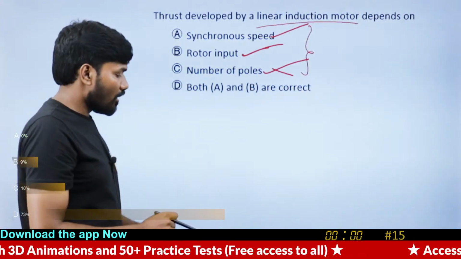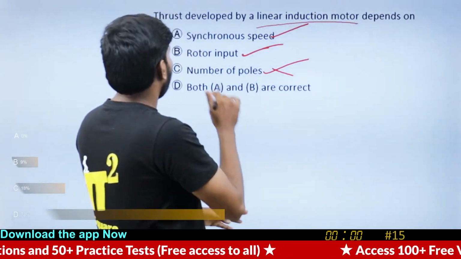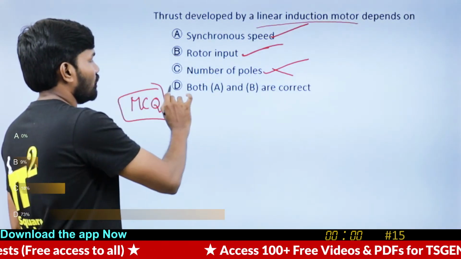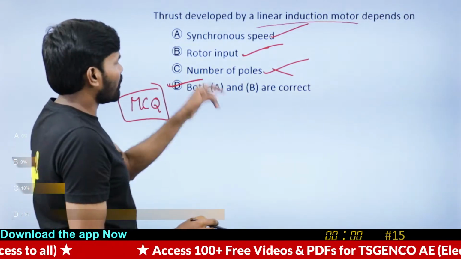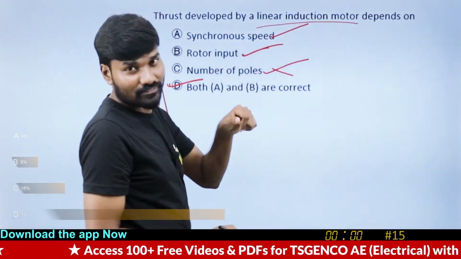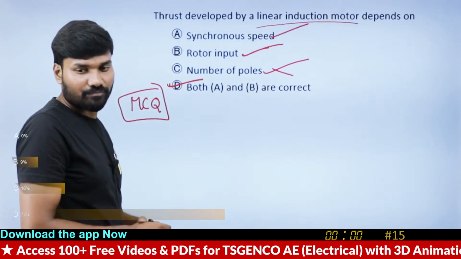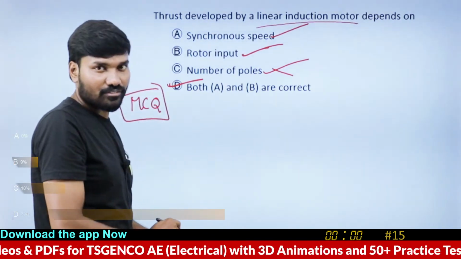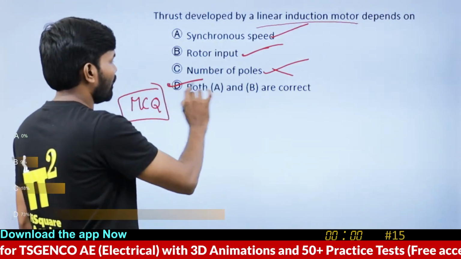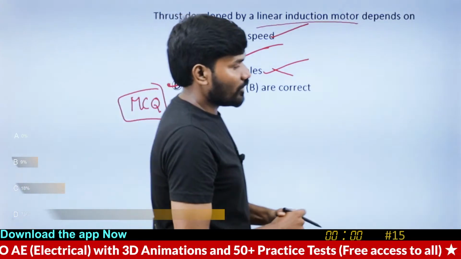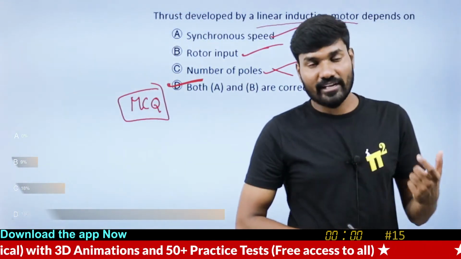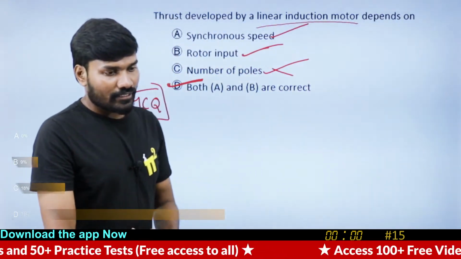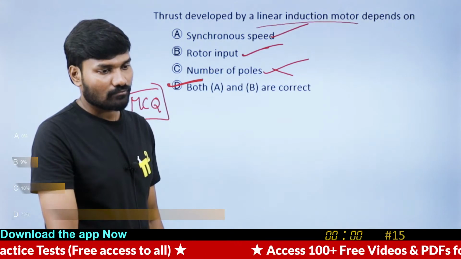But it is an MCQ question, not MSQ. So I would go for this because number of poles are included here. Synchronous speed changes, poles change. This is more appropriate among the options. So when you have options, you should be very careful which one to pick. I think we are clear with this as well. No confusion.